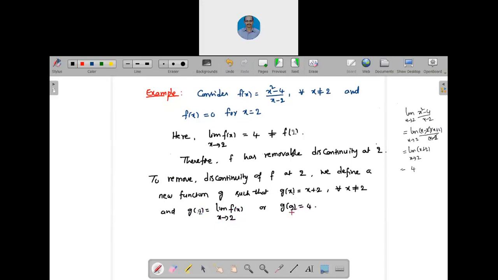So like this, we defined the g function. So in this case, g is continuous.